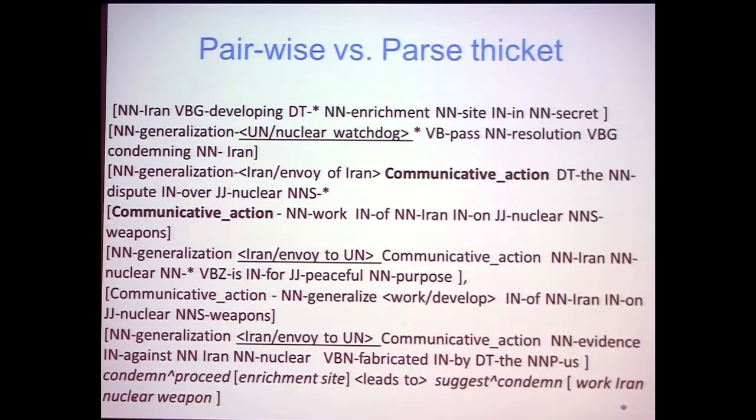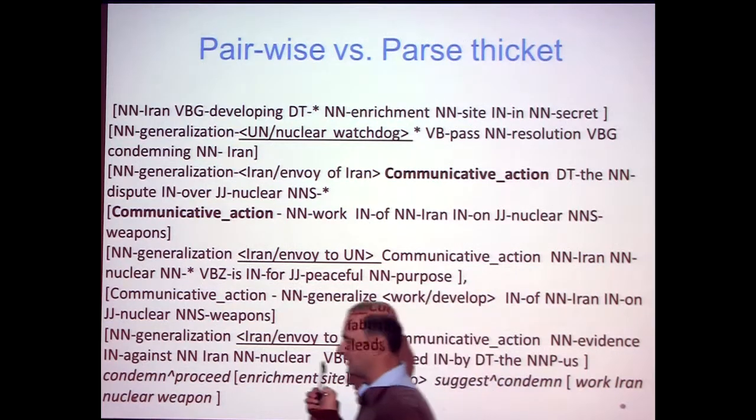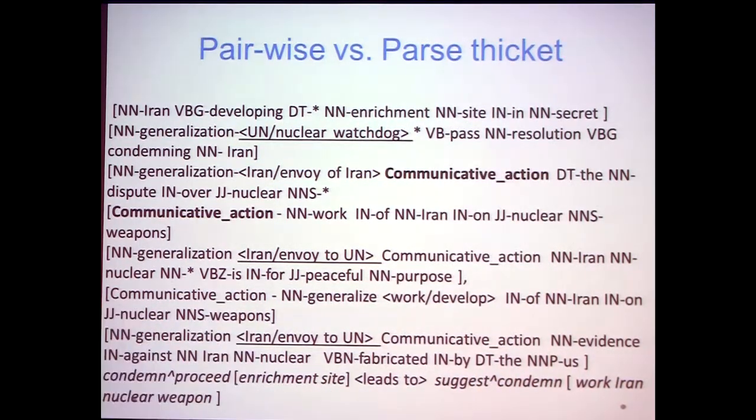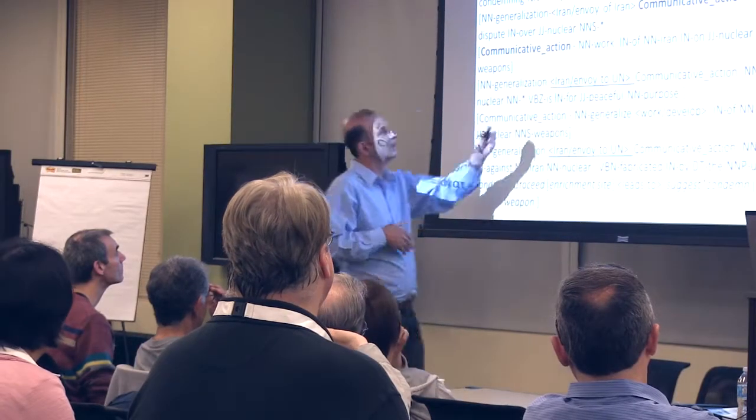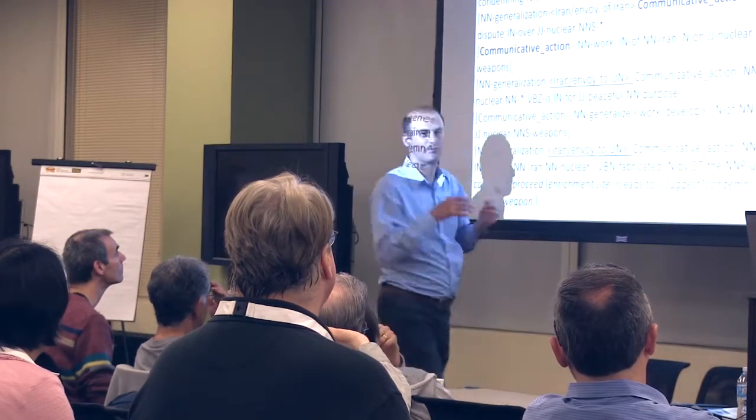Now it's much richer. Now, instead, we take into account additional meanings. For that, we're going to use richer information about the text. For example, communicative actions. This is politics. Agents express their opinions.